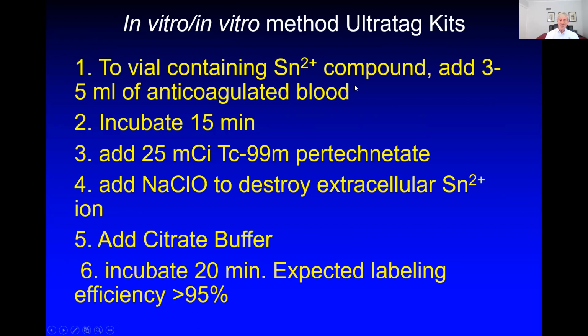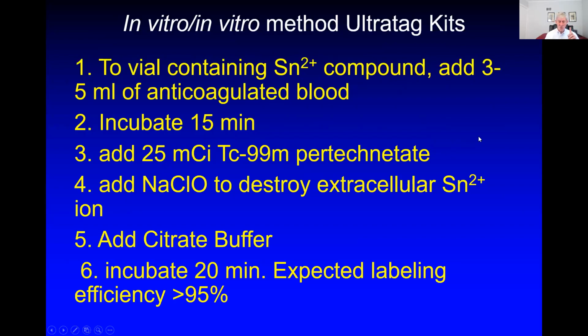So we simply take blood from the patient, anticoagulate it, and say to the patient, go away, come back in 30 minutes. We're going to do everything in vitro. We add the anticoagulated blood to the stannous compound. We incubate for about 15 minutes. Then we add 25 millicuries of pertechnetate and mix it up.